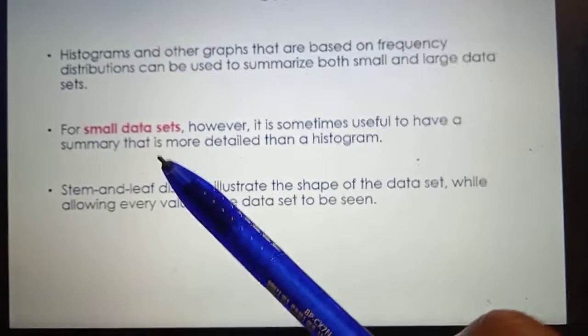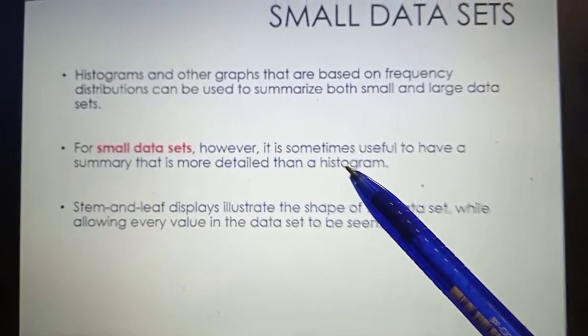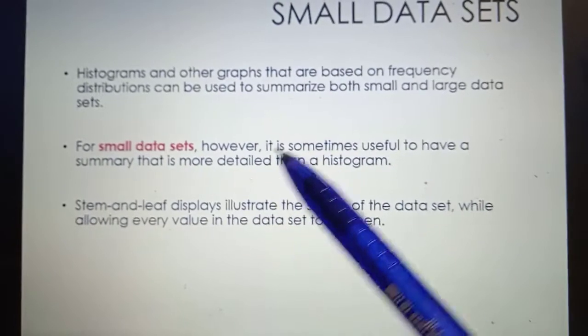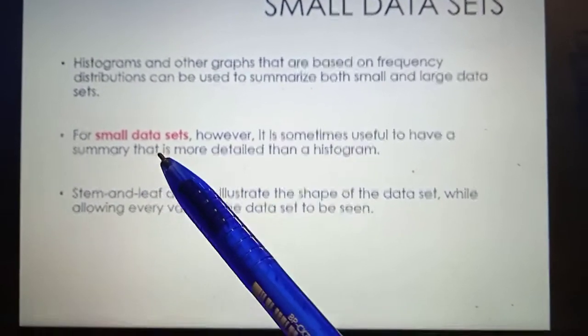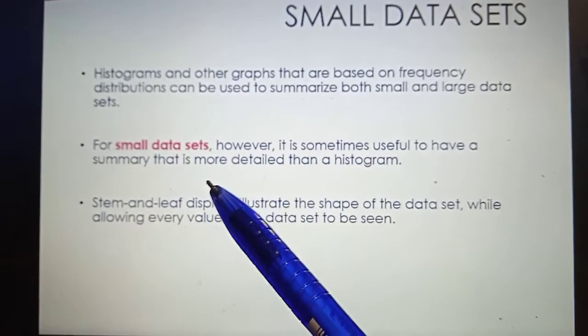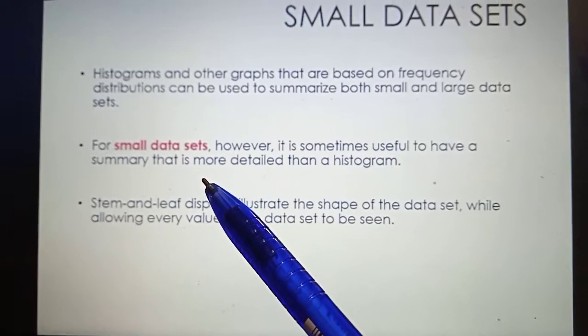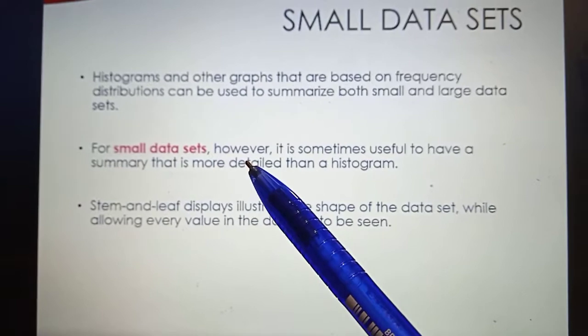But specifically for small data sets, it is sometimes useful to have a summary that is more detailed than a histogram. For small data sets, we can make a summary in another form, one that we can explain in more detail than a histogram.